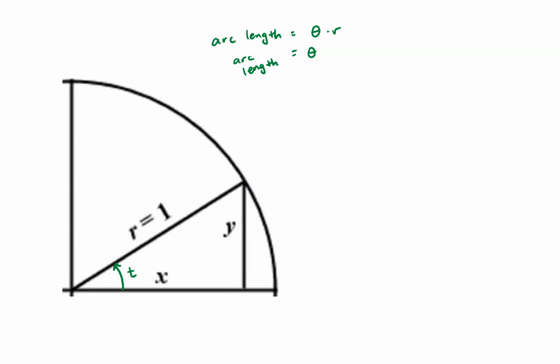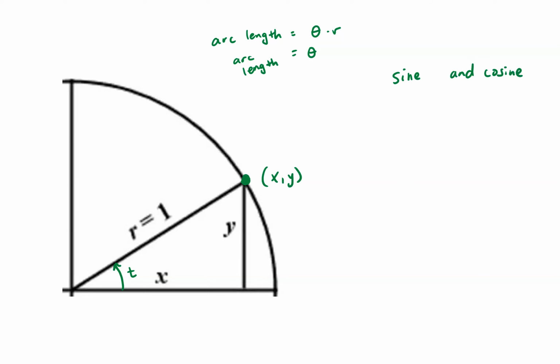So if we're looking at an angle t, and we're looking at the terminal point here, it has coordinates x and y. Now, we are going to define these two new trigonometric functions, and they are sine and cosine.